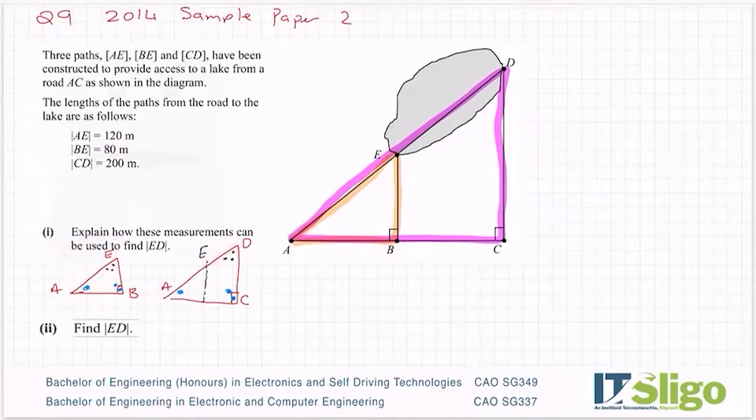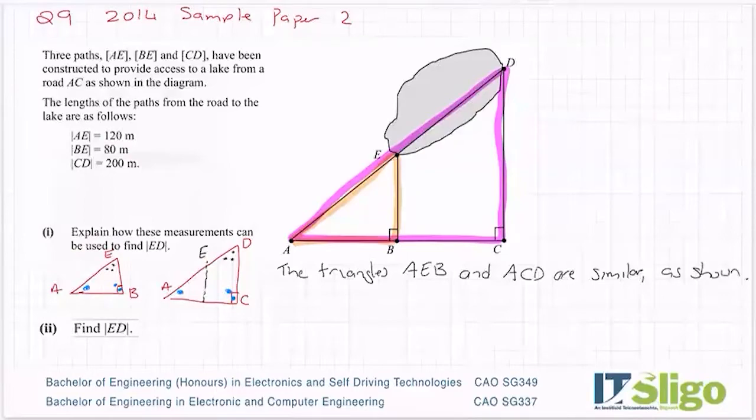Okay, so to answer this one, I would say the triangles AEB and ACD are similar, as shown. Therefore, now I'm going to use the theorem. If you remember the theorem, we put corresponding sides over corresponding sides.